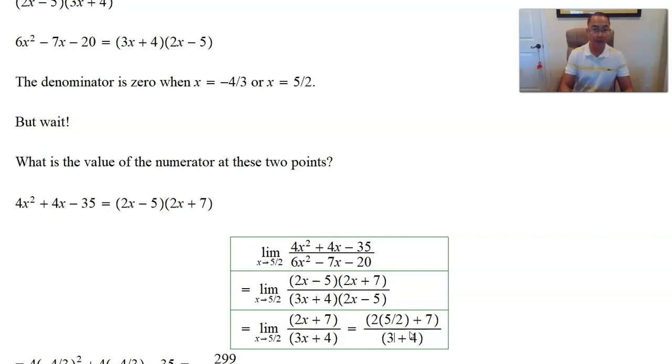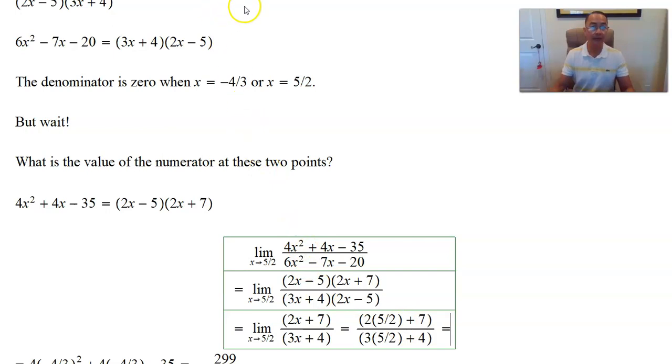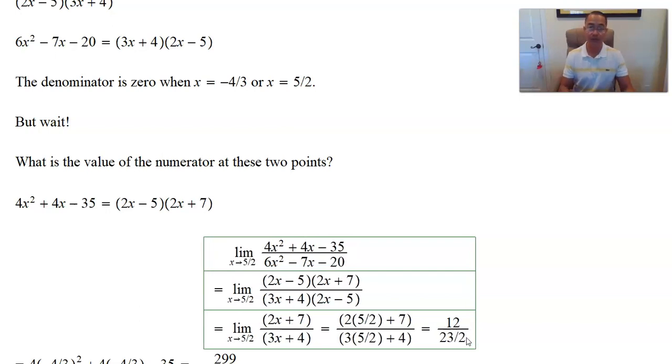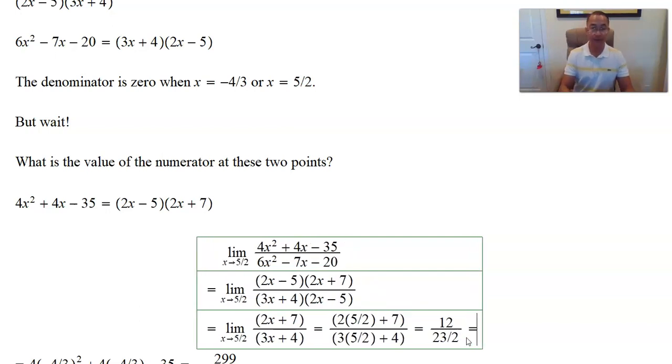So we have this, and we just have to clean it up now. We get 12 in the numerator, and we get 15 over 2. 4 becomes 8. 8 plus 15 is 23 divided by 2. So that simplifies to 24 over 23.